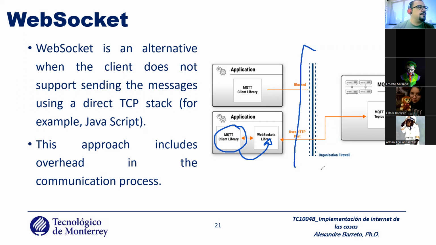It's a nice solution, for example, when you have a firewall between the client and the broker. Or in the case of JavaScript, you don't have another option. You need to use this approach, and the broker must use WebSocket too. Any questions?